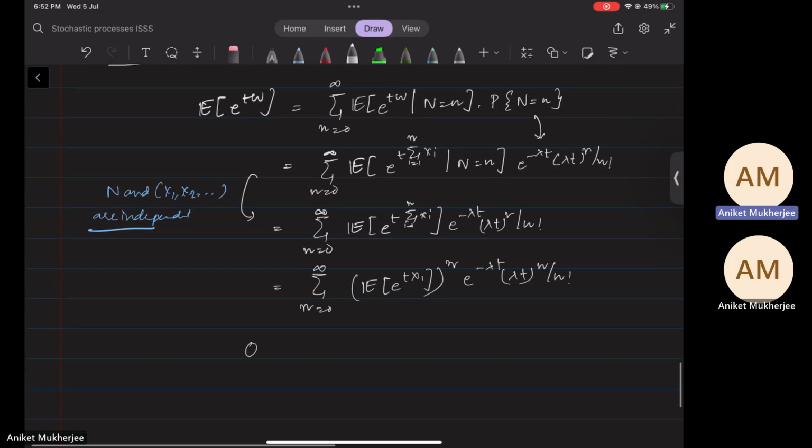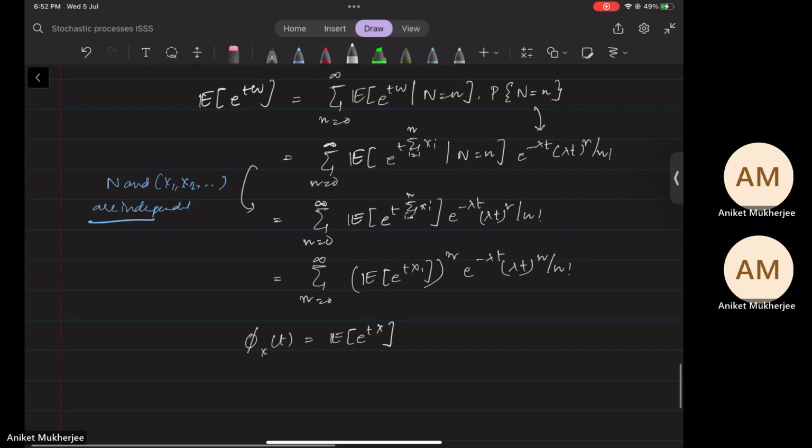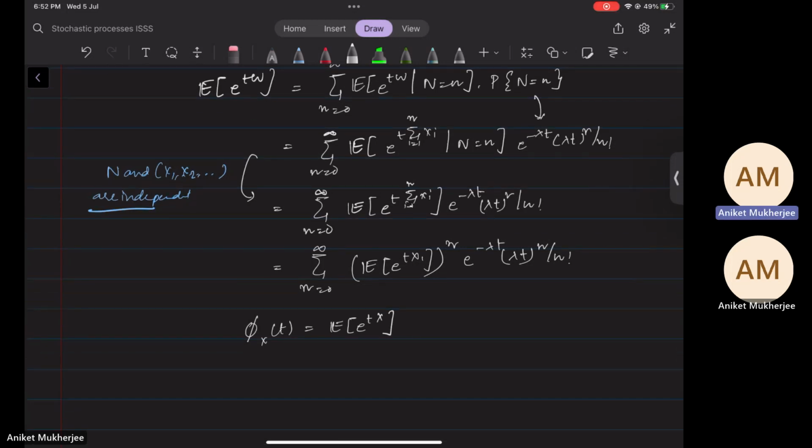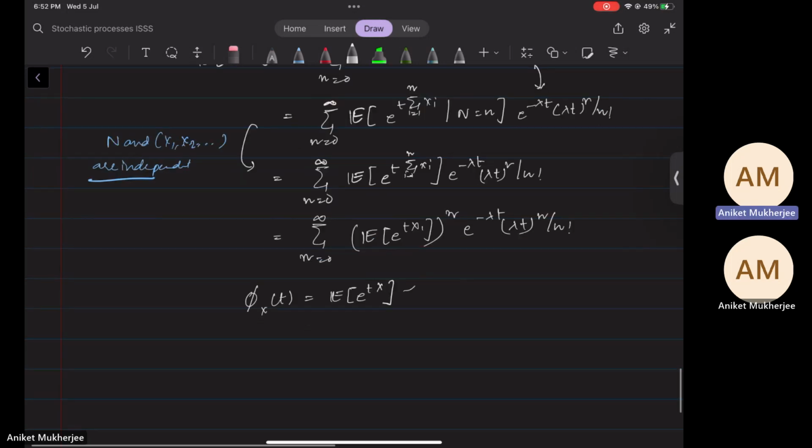We know that the moment generating function for X is the expectation of e^(tX). This is the same expectation for all of the X1 to Xn because they are identical. We can replace the moment generating function here and say that the expectation of e^(tW) is equal to the summation n equal to 0 to infinity of the moment generating function of the random variable to the power n times e^(-λ) λ^n by n factorial.